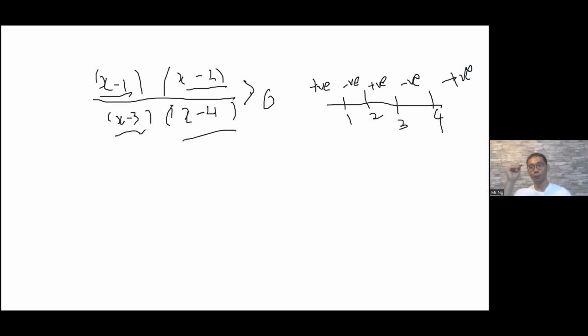It would be right minus left, right minus left, right minus left, right minus left. As a result, right minus left is going to be big minus small, so all of them are going to be positive.